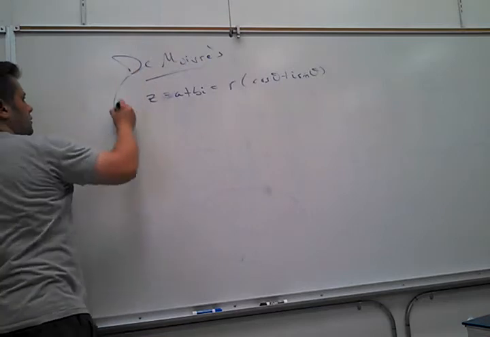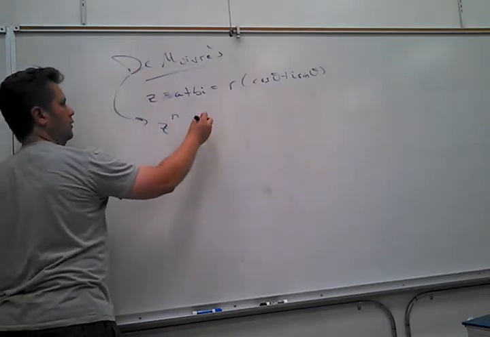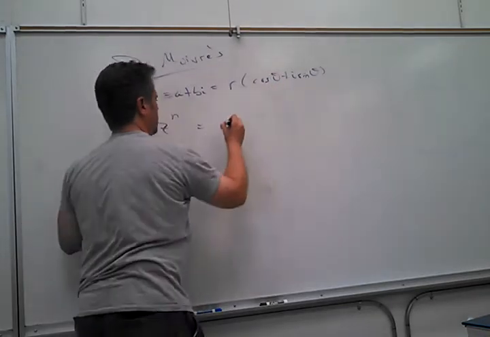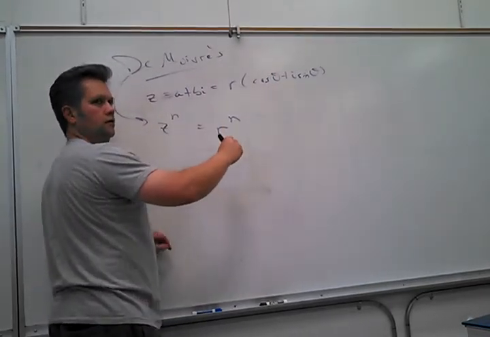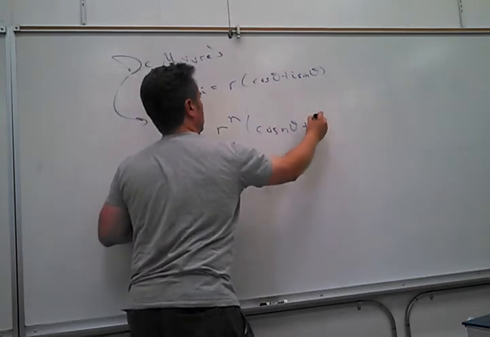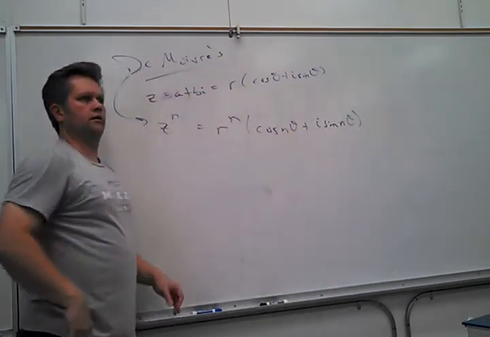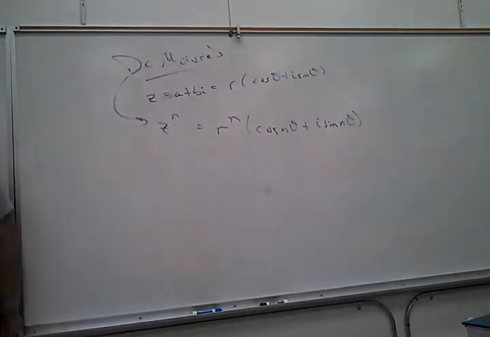And then de Moivre's theorem says that if you take this complex number to some power, the beautiful thing it does is it takes the r to the power, which makes sense. But the really nice thing is it ends up just multiplying the angle by that power, and we actually derived why that was. It just uses the addition and subtraction formulas for sine and cosine. If you don't believe me, it's in the book.